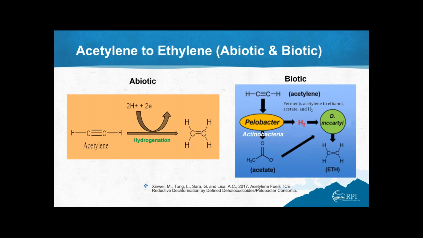And this can be very useful to you because Dehalococcoides mccartyi like hydrogen. They need to be fed. If you don't feed them, they will not live. So, that can be a useful reaction to you, even though we are right now talking primarily about beta elimination, which is an abiotic reaction.